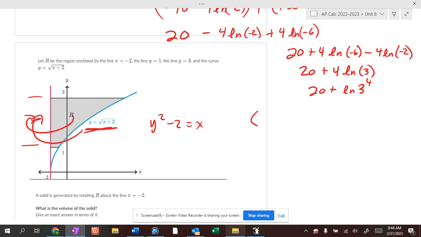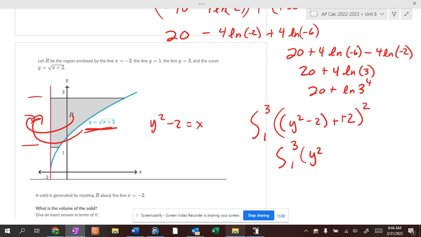So we are going to integrate from 1 to 3 of y squared minus 2 minus a negative 2, and all that is squared. So we go plus a positive 2. So minus 2 plus 2, that cancels. So it's the integral from 1 to 3 of y squared squared, which is y to the 4th.